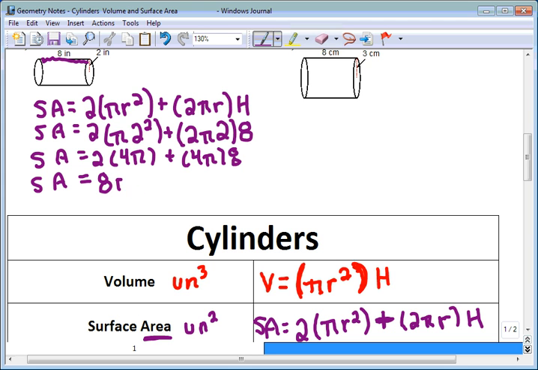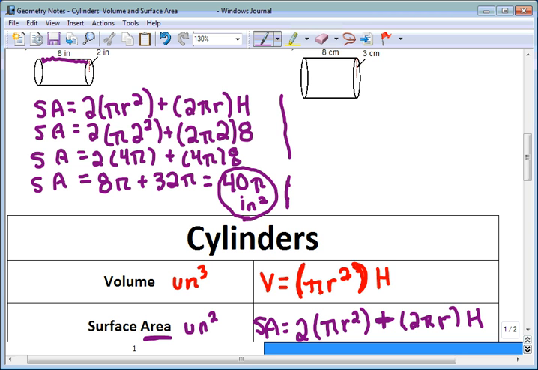So I have 8 pi plus 32 pi, which gives me 40 pi inches squared for my surface area. So I have 40 pi inches squared on that problem.